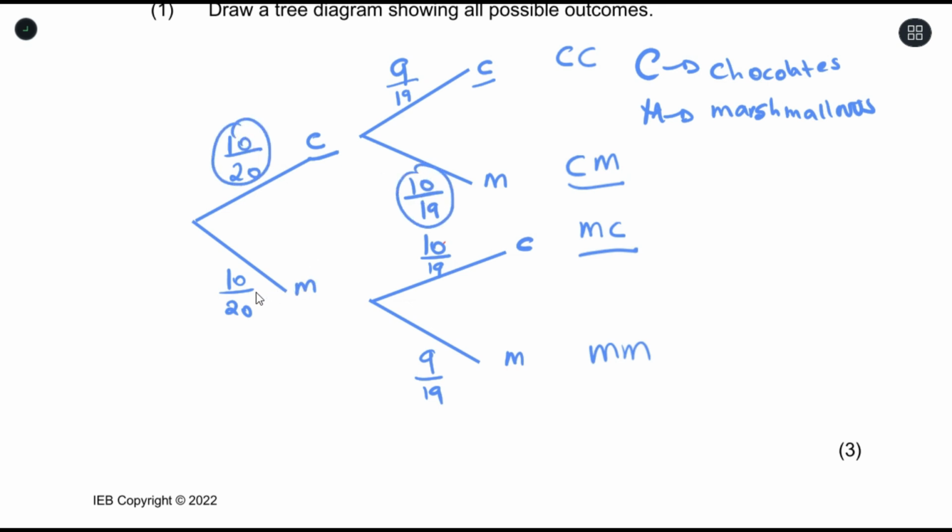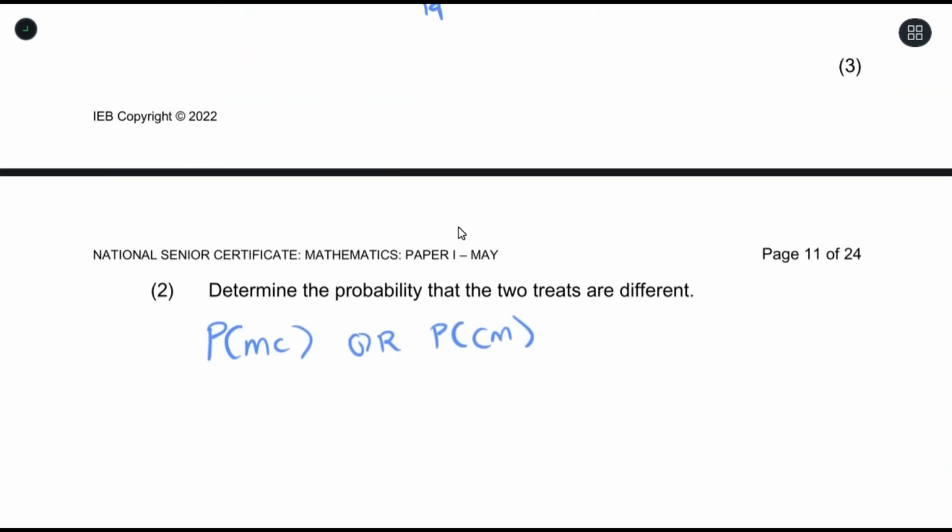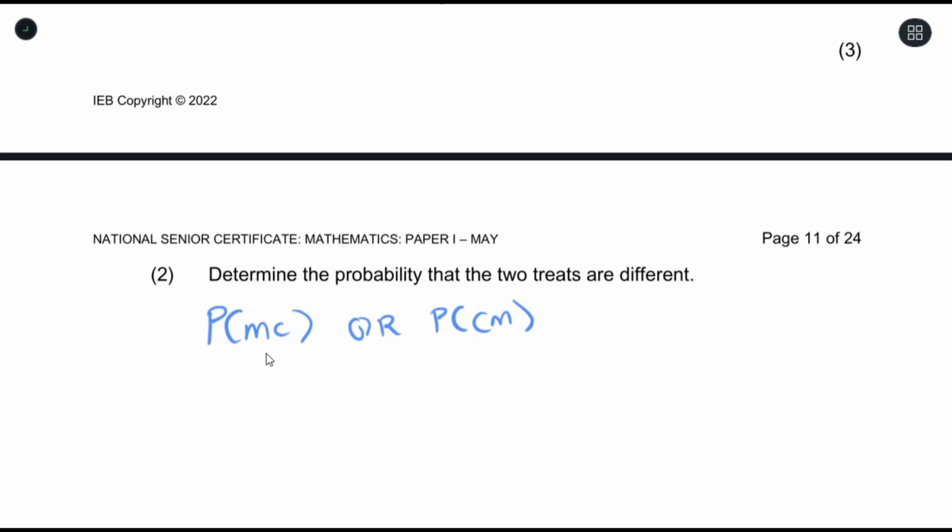For marshmallow and chocolate, we multiply this and that, which is kind of the same thing, right? But we need to write it out properly. So this one would be 10 over 20 times 10 over 19. Now, because it is or, that means positive, we would have plus 10 over 20 times 10 over 19.